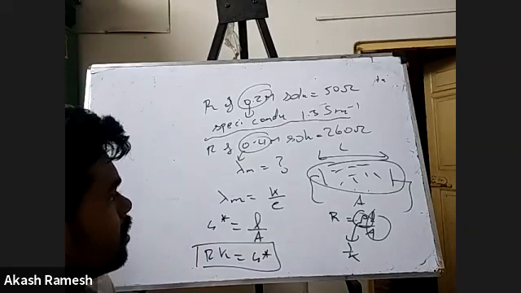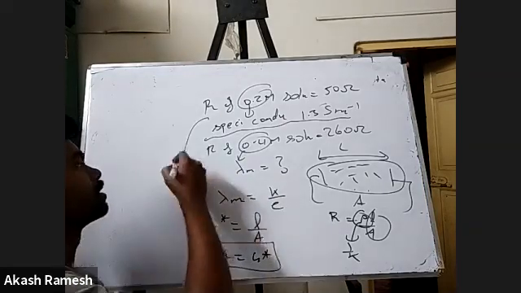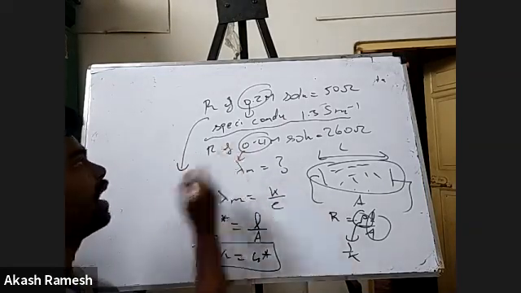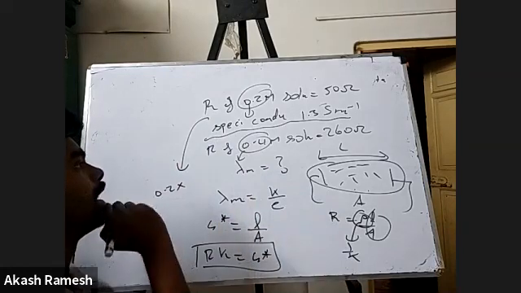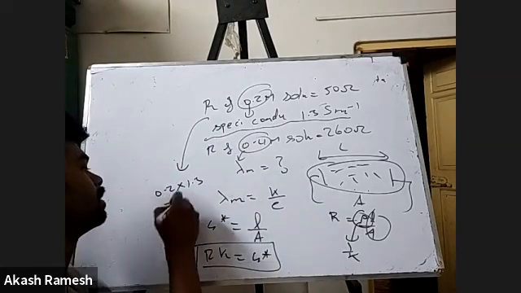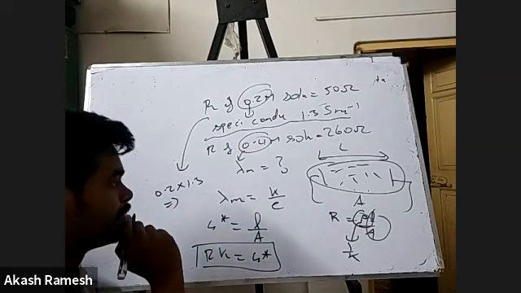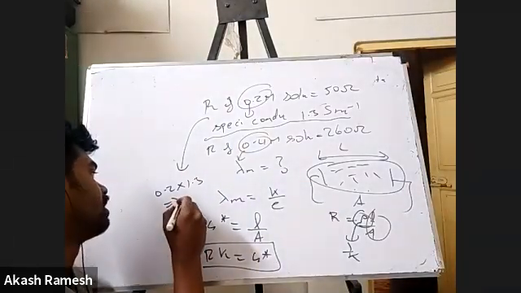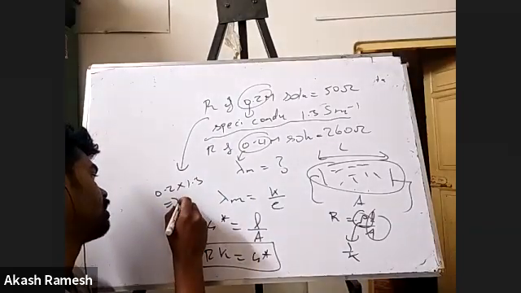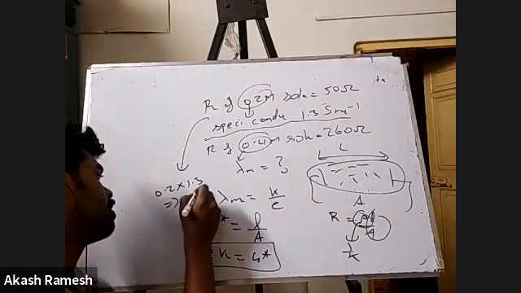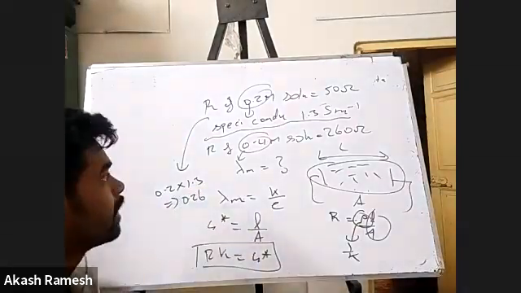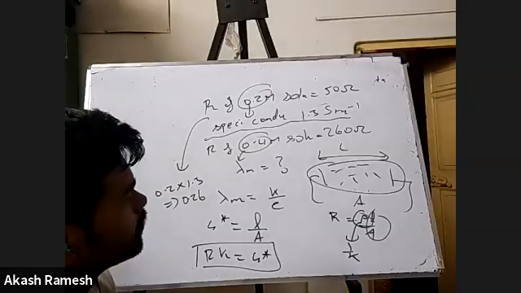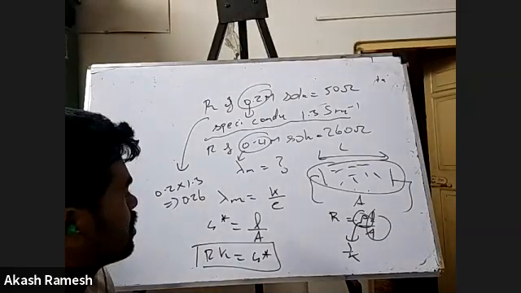So first, R into K is G star, R is 0.2, and this is 1.3. So 13 into 2, it's going to be 0.26, right? So 0.26 will be the G star.